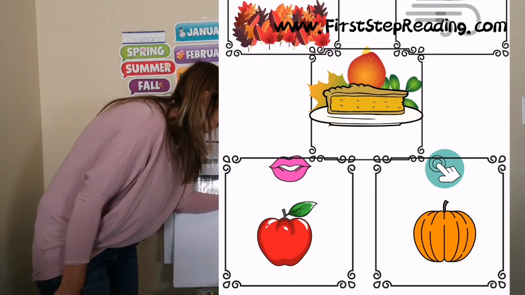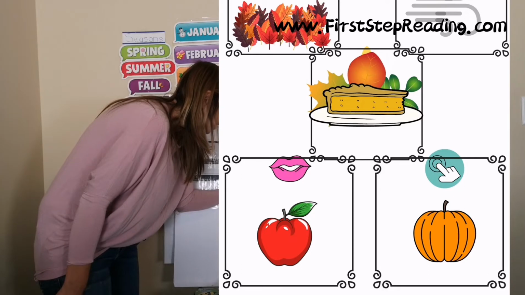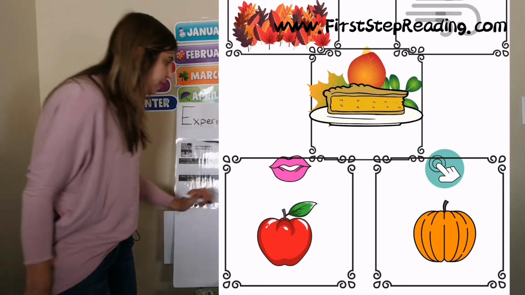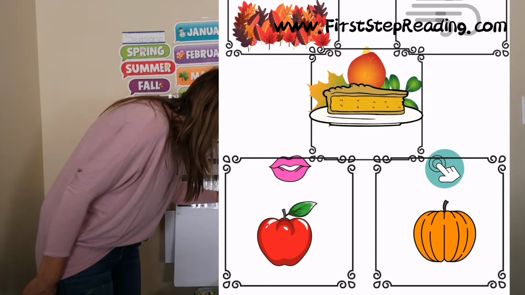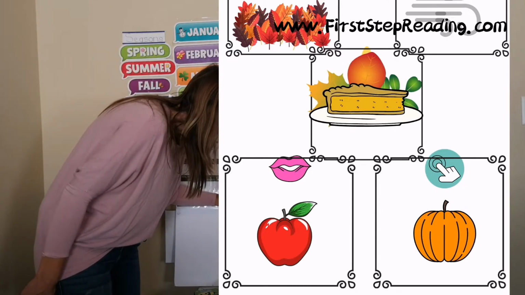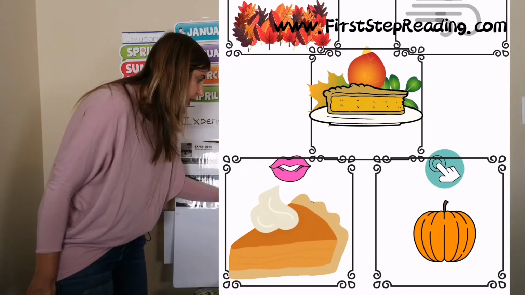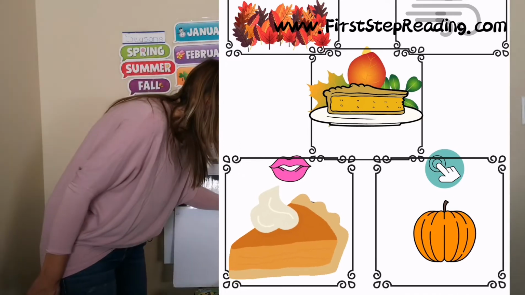Something that happens in the fall is there's a holiday called Thanksgiving and people make pie. So maybe I smell the pies. I can taste my pie, right? My pumpkin pie, maybe. And I can touch, how about pumpkins?